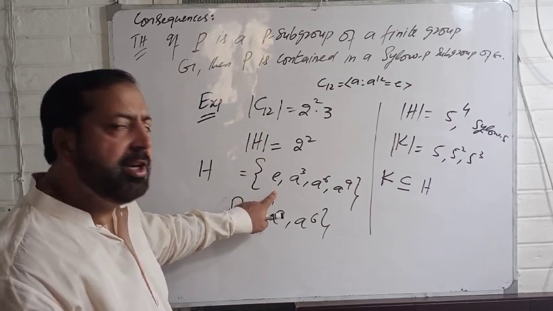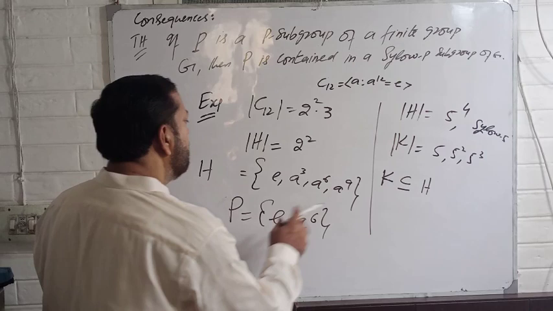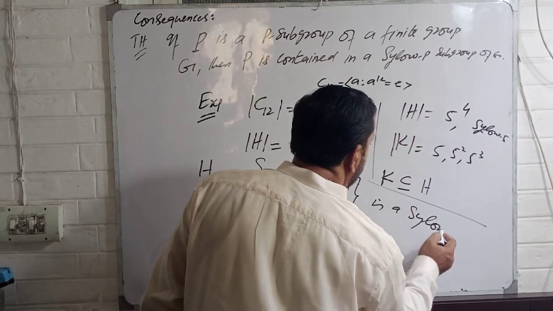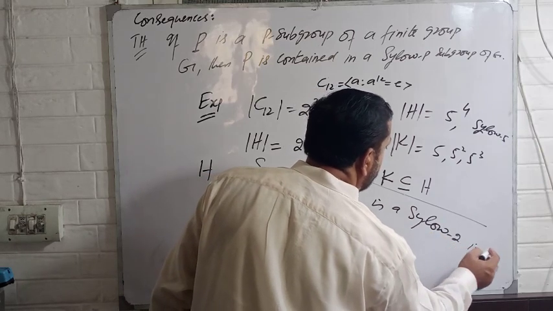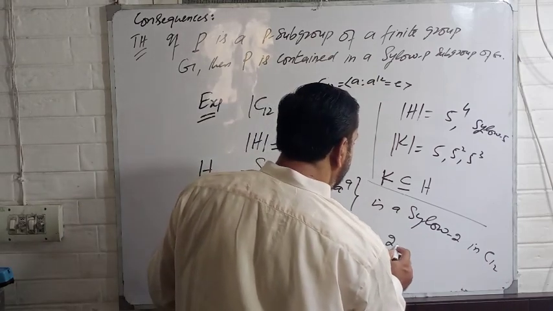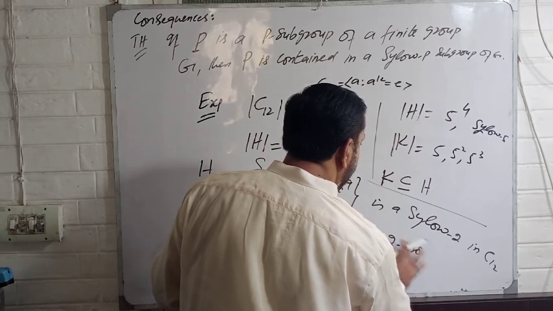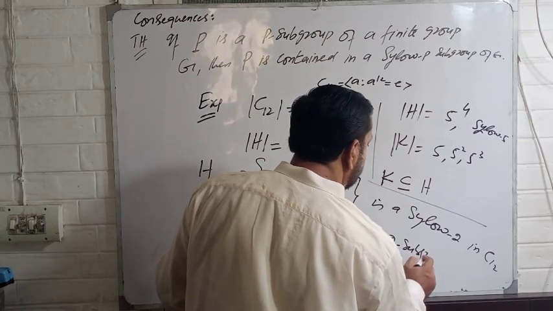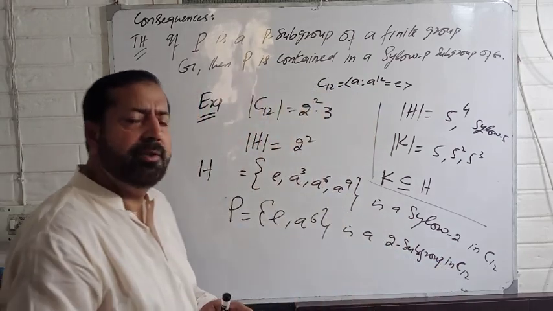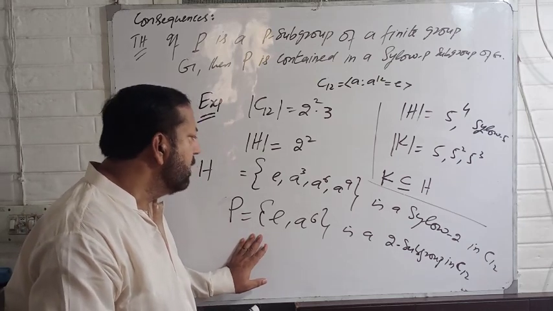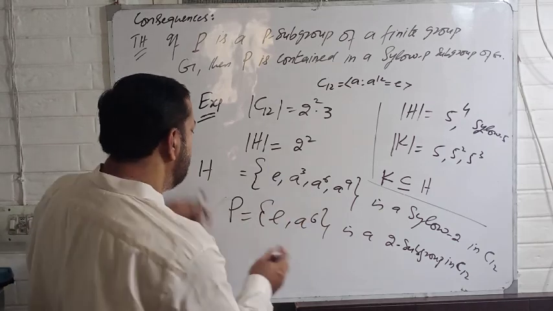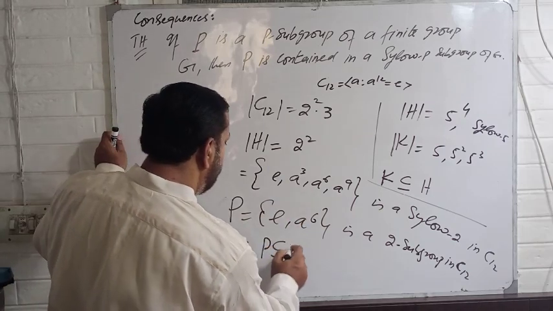So that's why H is a Sylow-p subgroup in C12, and P is a 2-subgroup in C12. Look at this. You have a Sylow-p subgroup and you have a p-subgroup, but you see this is contained in H. So here P is contained in H.